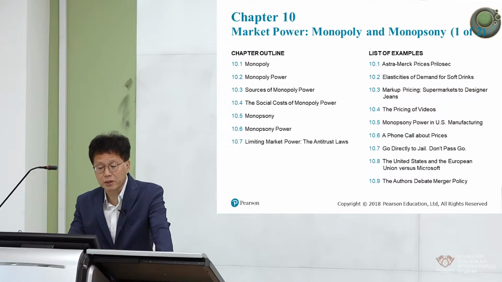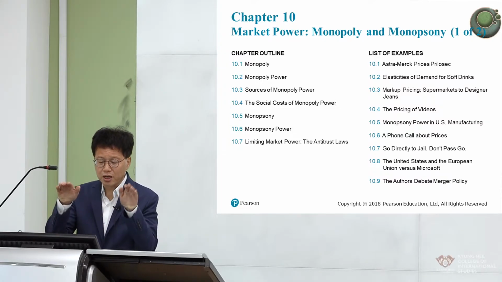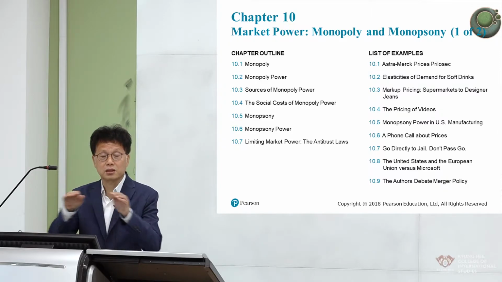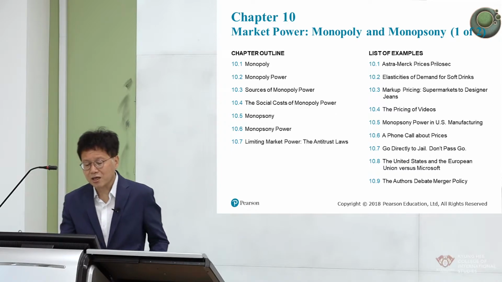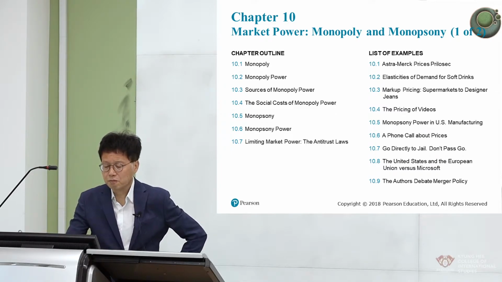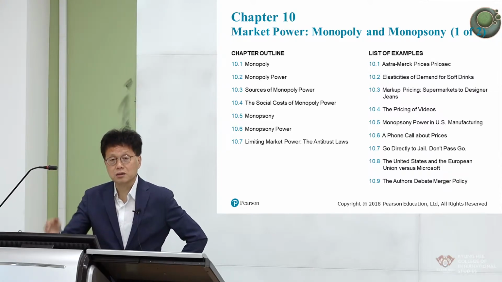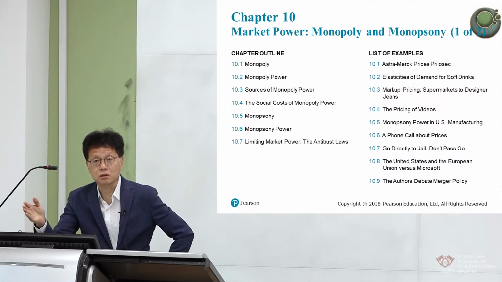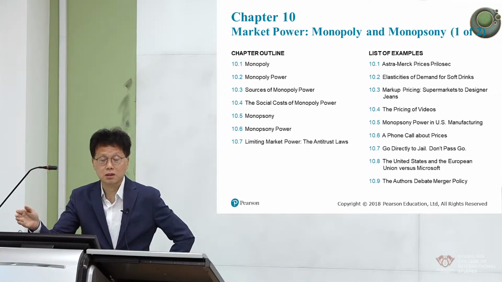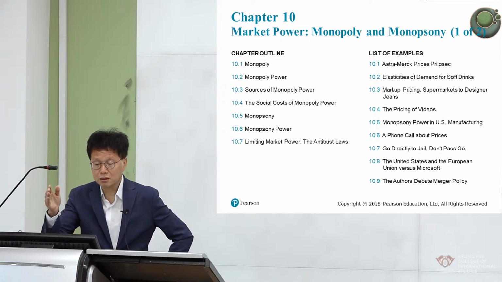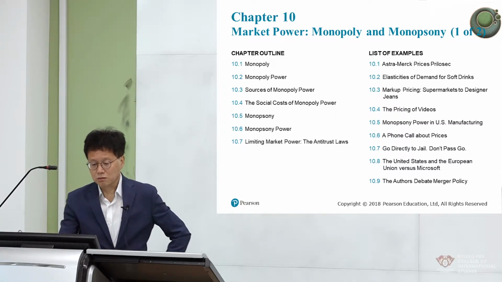When the market is perfectly competitive, price is equal to marginal cost. That is the profit maximization condition. But when the market is not perfectly competitive, the firm can charge a price higher than marginal cost. Marginal revenue is still equal to marginal cost, but price is higher than marginal cost. That is monopoly power.